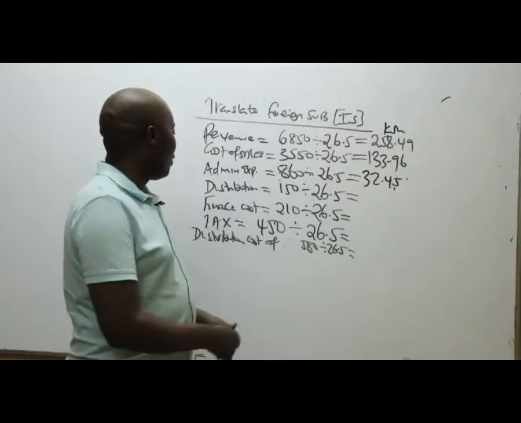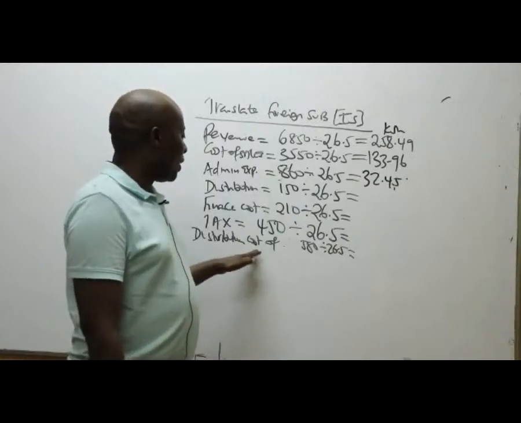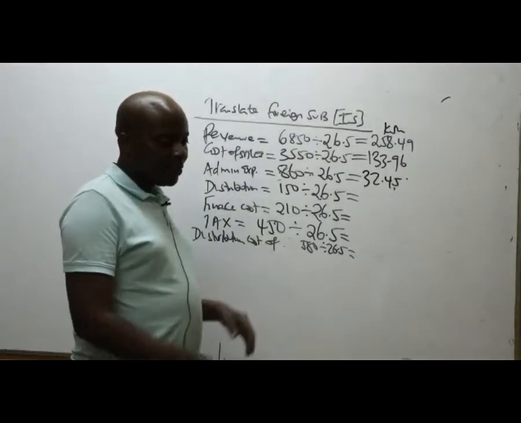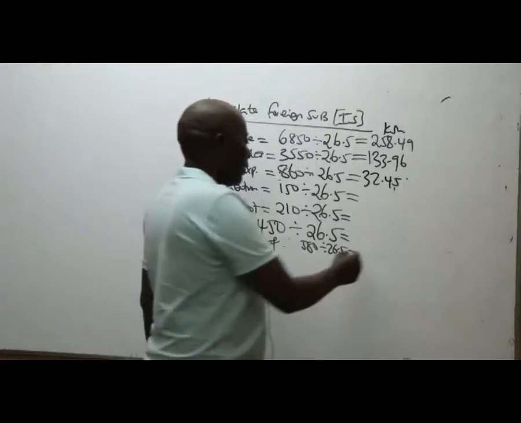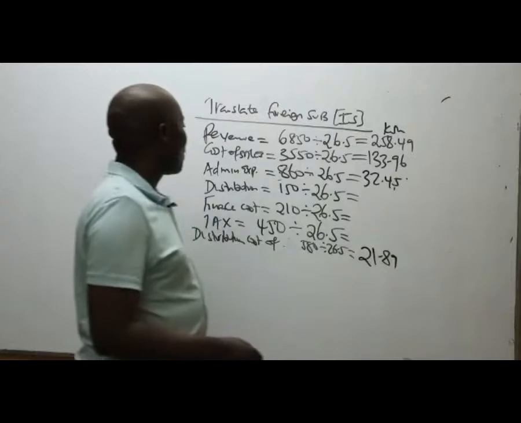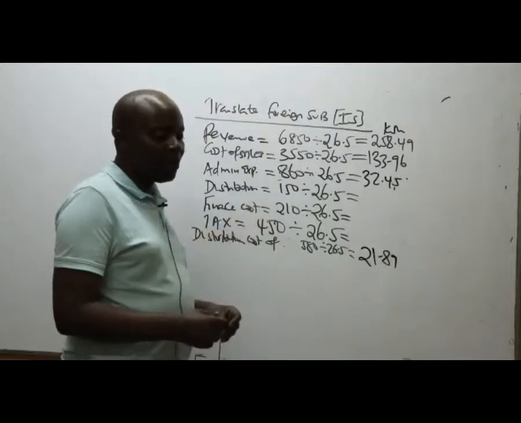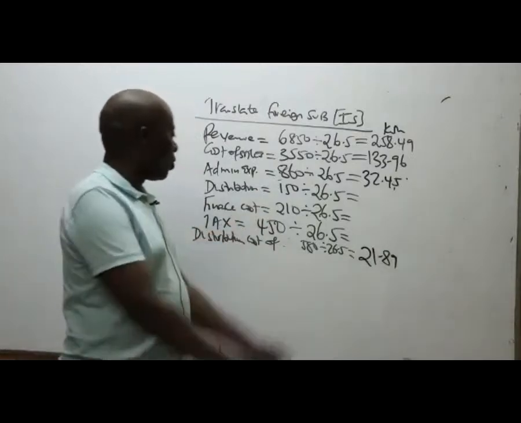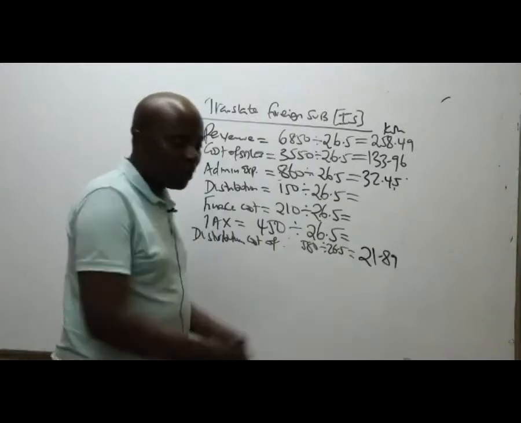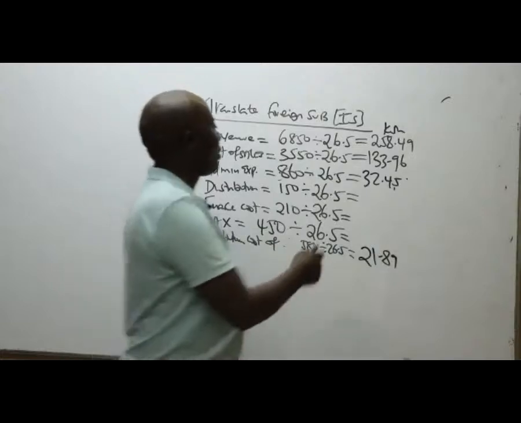From there we have, I think, the next one was distribution cost. Is there somebody who is able to give us this distribution cost? 21.89. Are you able to see the distribution cost? 5.66.